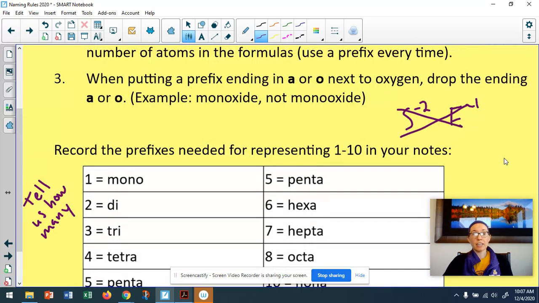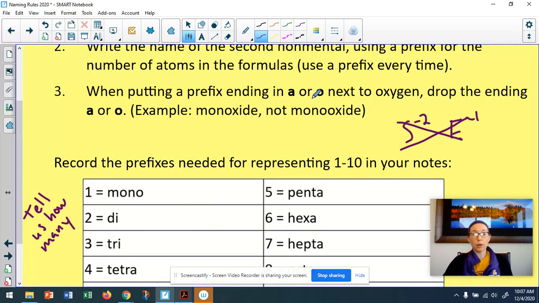Now, there is a slight variation when we write names that have an A or an O prefix ending next to something like oxygen. For ease of saying it, we're going to drop that A or O. So let's say you wanted to write that you had one oxygen. Our prefix would be mono, and the word is oxide when you change it for the second one.